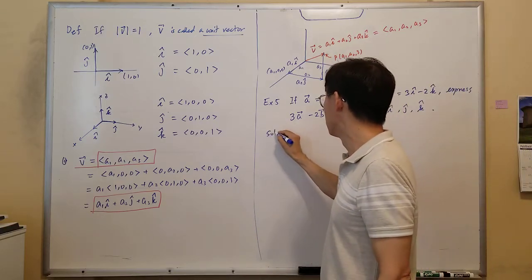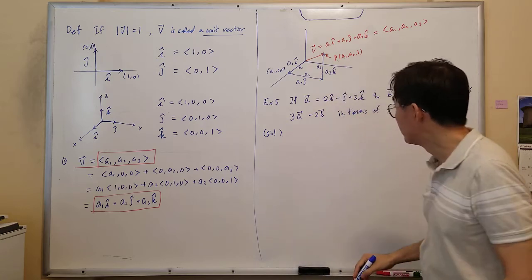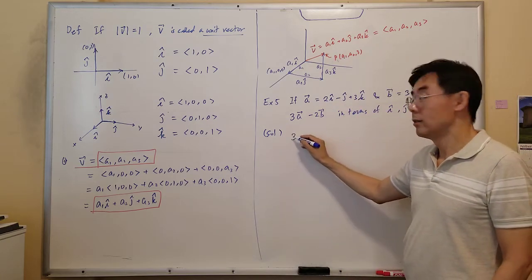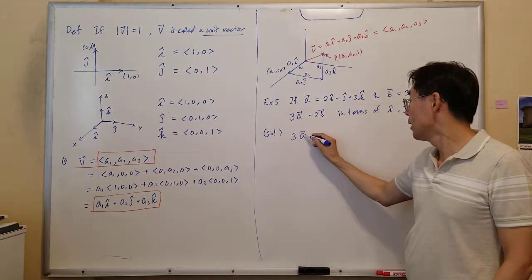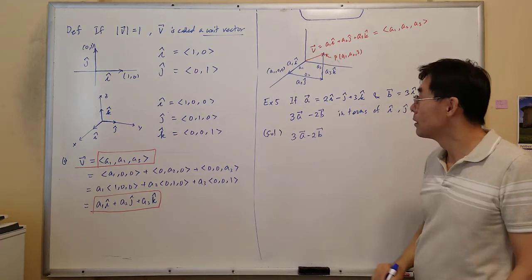Okay, let's do that. 3A vector minus 2B vector.